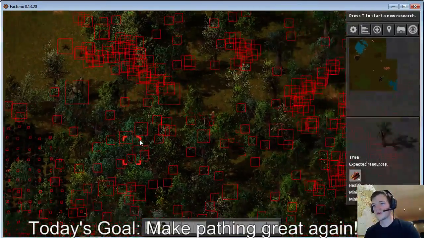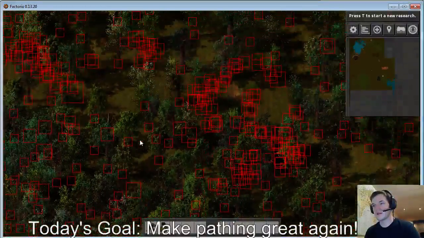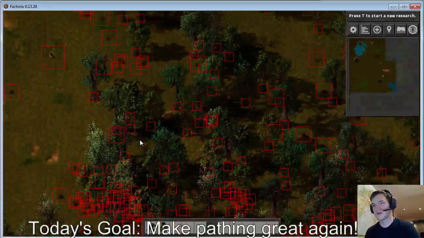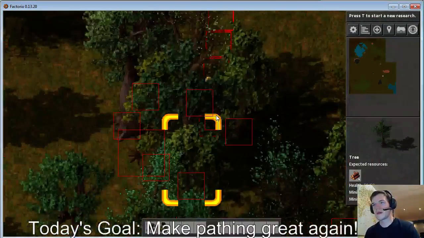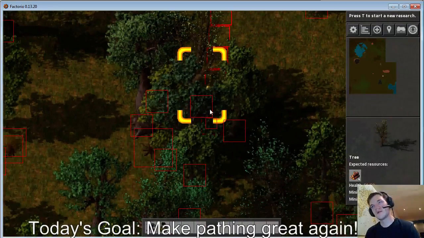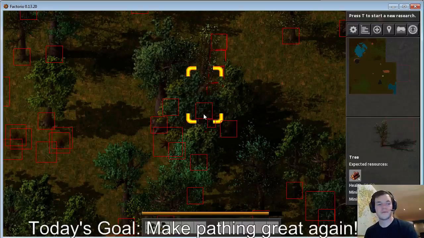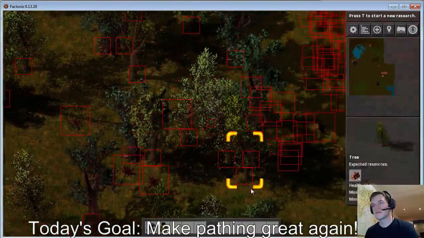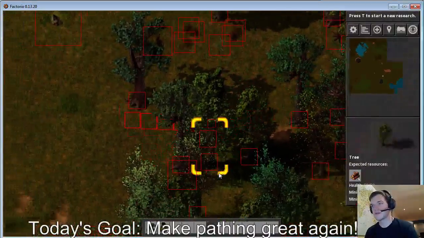Oh, he's working his way through. Get it. Oh, he bounced. We're going the wrong way. Turn around, buddy. Turn around. And he's stuck. Why can he not go this way? Oh, his goal is somewhere in the middle here?